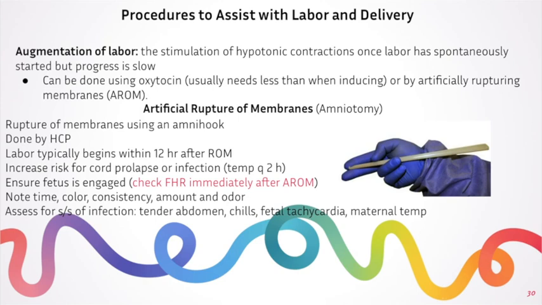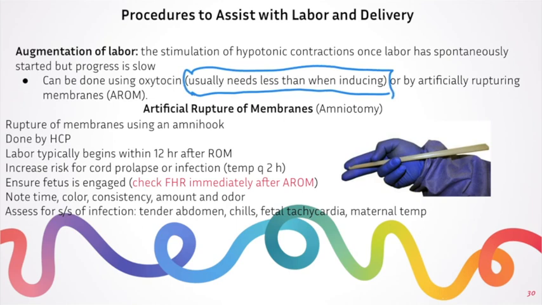So we call our healthcare provider, we do an SBAR, we're recommending an augmentation of labor, and then they decide if they want to use Pitocin or come break a bag. That's not my call. And so if they say, go ahead and start Pitocin, there's standard order sets for that. I start my Pitocin. Typically, the person needs less than if I was straight up inducing them because their body already started doing this on its own. I'm just kind of kickstarting it, okay?